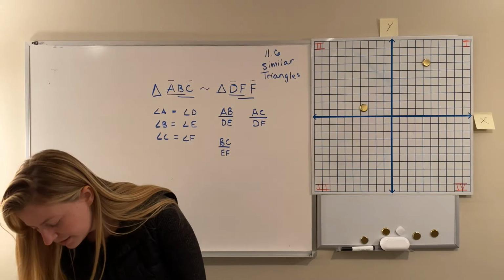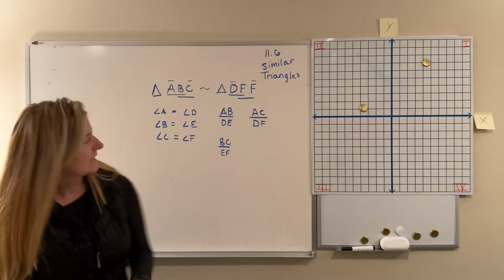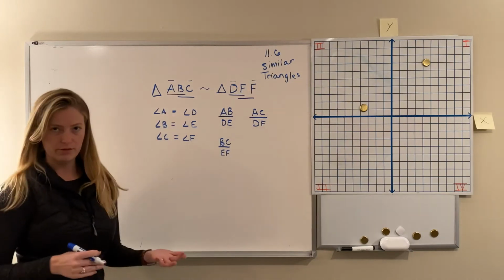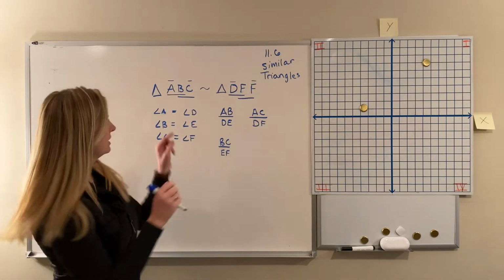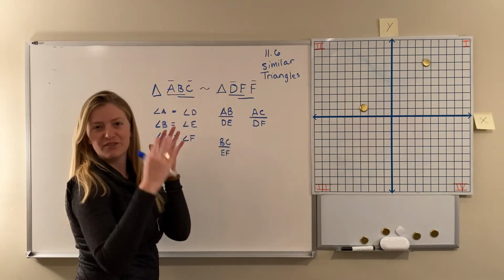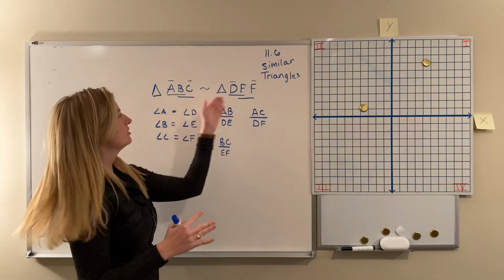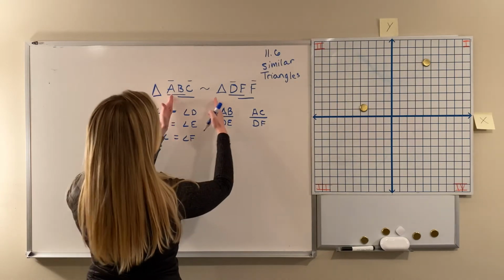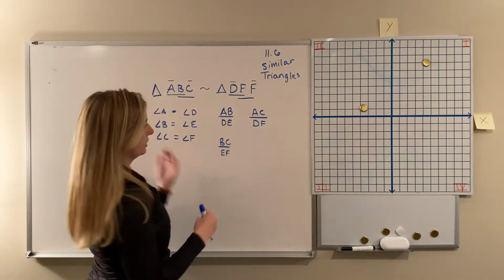Alright, and then your key concept is basically just this. When comparing two triangles, remembering that the positioning in the name triangle ABC, triangle DEF, tells you where the relative positions are, if your corresponding angles all match, you're good.